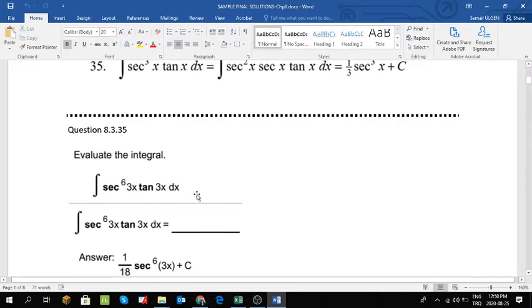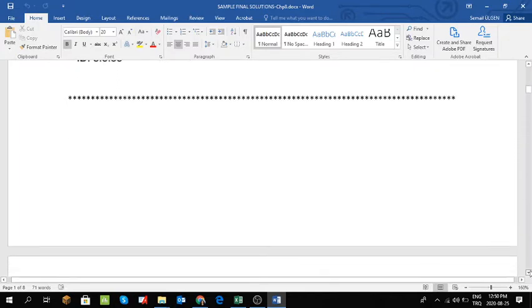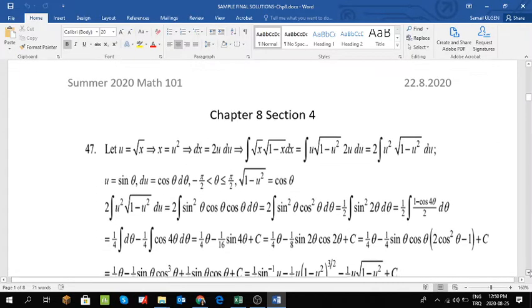So this is going to be du, and we have u to the 5th power, and then we integrate: u to the 6 over 6, and put back in what u is. u was secant 3x, and you're good to go. Okay, plus c, don't forget to write c in there. And then let's see the next question.